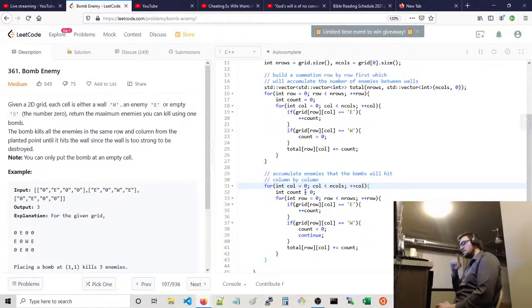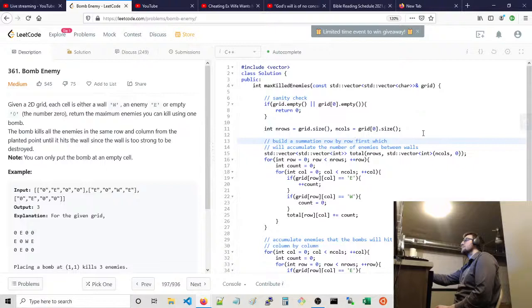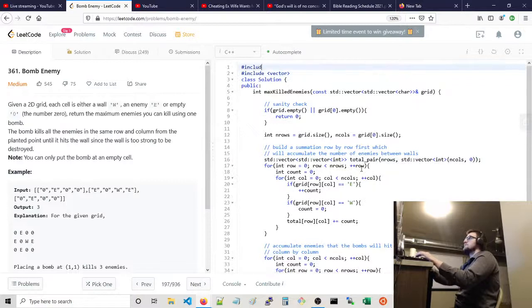Row by row, that's the number of enemies the bomb will kill in that particular spot for the row, and then you increase that by the number of enemies it'll kill for the column. So actually, you really want a pair. Let's do a pair; it makes more sense. Just grid pair, we'll say.